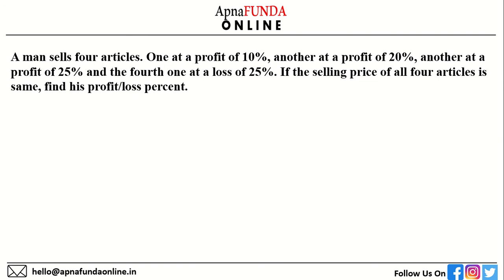So unlike the last question, in this case the selling price of all the four articles is the same. We know that the four articles are A, B, C, and D, and the selling price of all these articles is the same. Now we need to find the cost price. So the total selling price is 400.